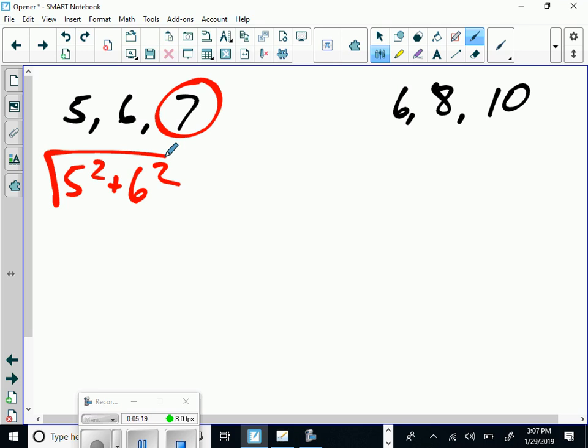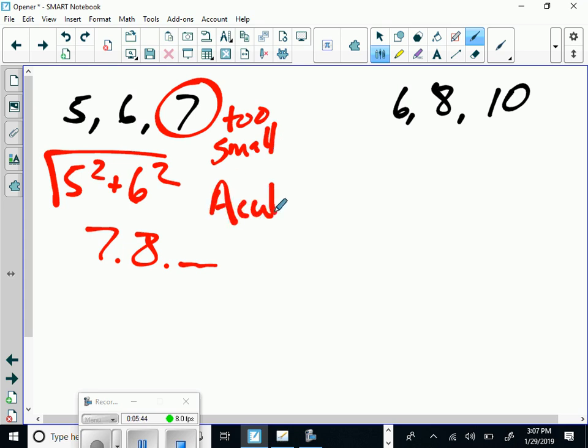If I do that, we get 7.8 and so on. Now, the number we calculate, the 7.8, is the right number. The 7 that we were given is wrong. Is the 7 too big or too small? 7 is too small, which means the triangle is acute.